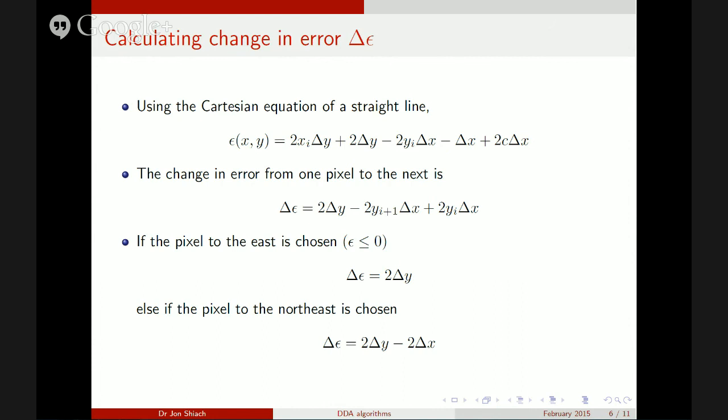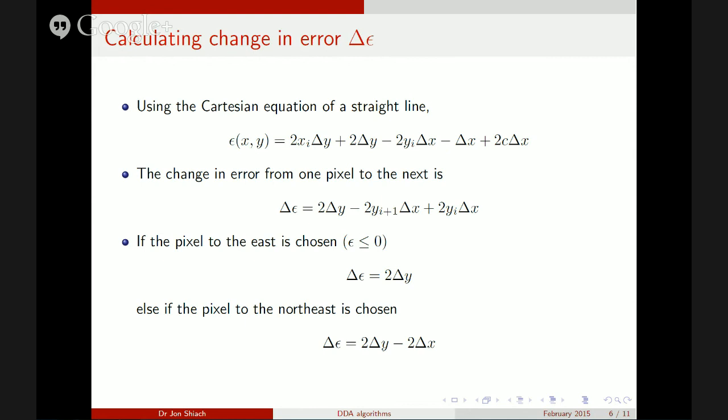All I have to do now is simplify this, and it actually simplifies quite significantly. So I've got 2xi delta y minus 2xi delta y, because you've got delta x on the bottom times delta x, so that will cross out with that term.